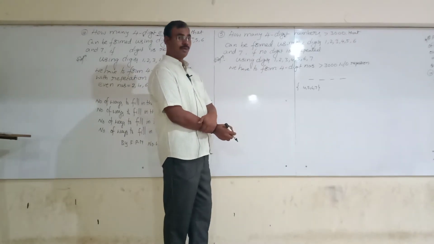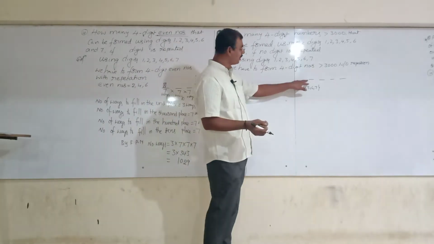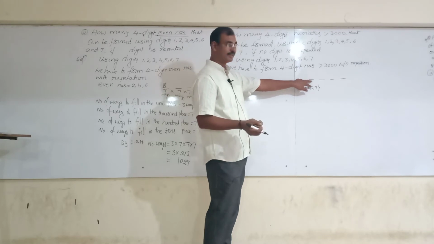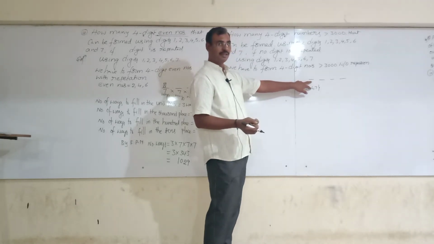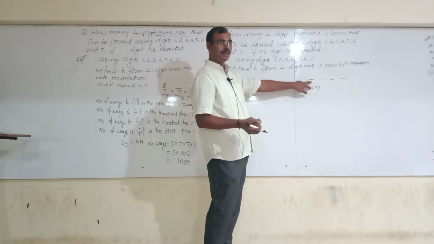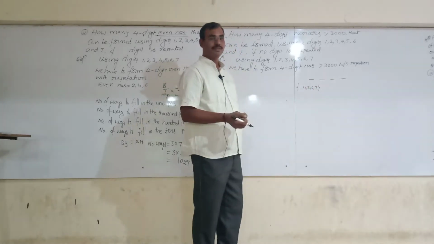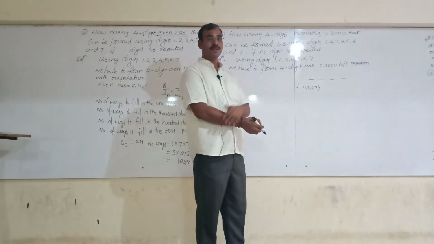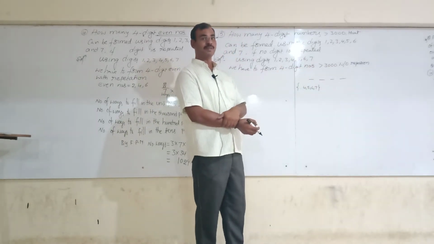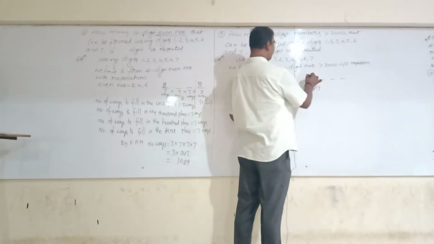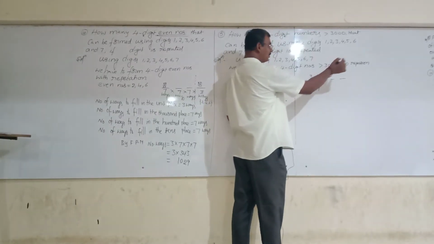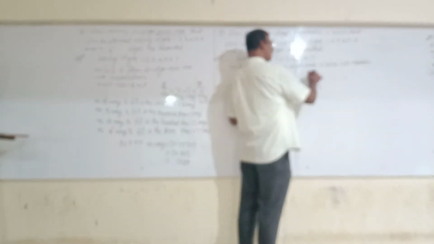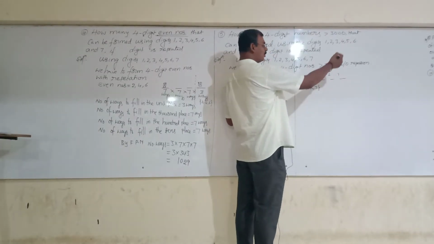Actually, if you think about the leading digit 3, is it reliable to show a number more than 3000? If I start with 3 here, is it reliable? Yes, because even if the rest are 0, 2, 1 like this, it is more than 3000.